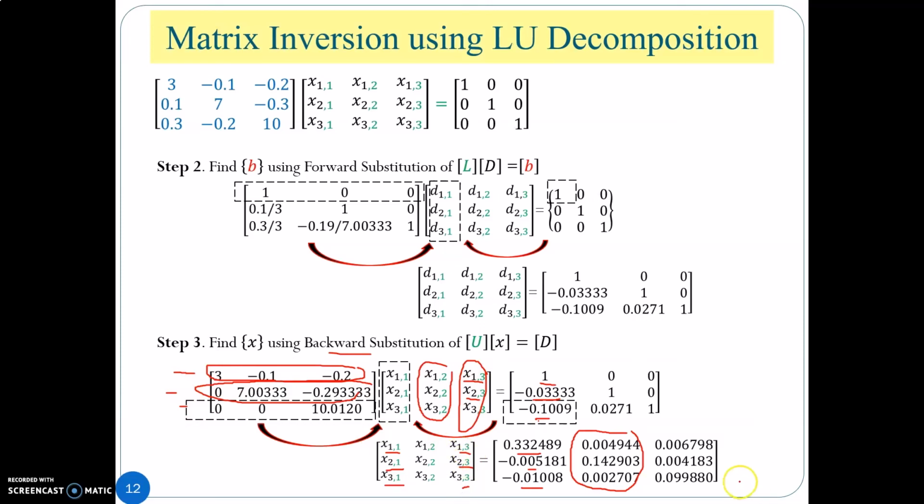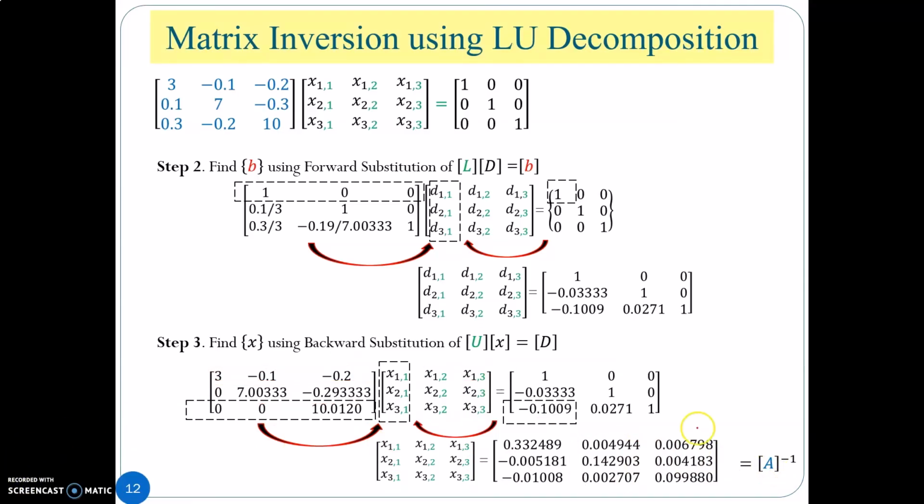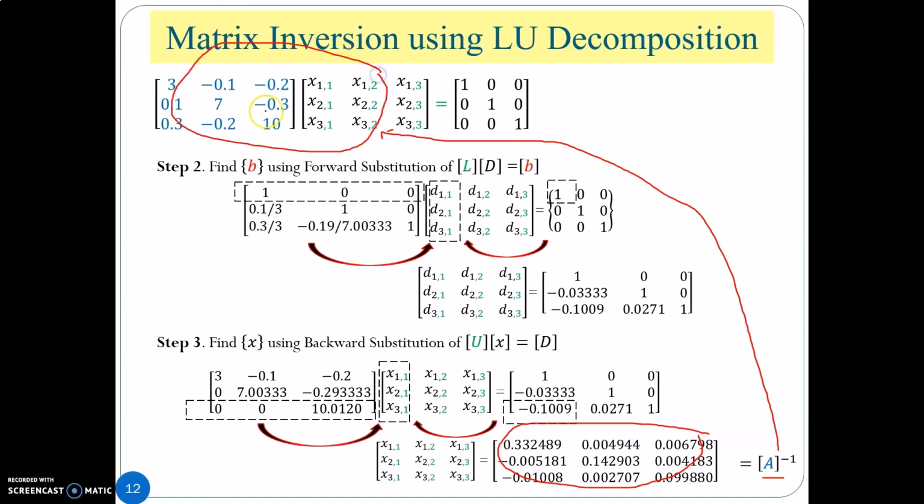So with that, you obtain this solution, and this solution is your inverse matrix for A. To check if this answer is correct for the inverse matrix A, we can substitute it inside the original equation. Then if the multiplication on the left hand side is equal to the right hand side, which is an identity matrix, then we are saying that this answer is correct.